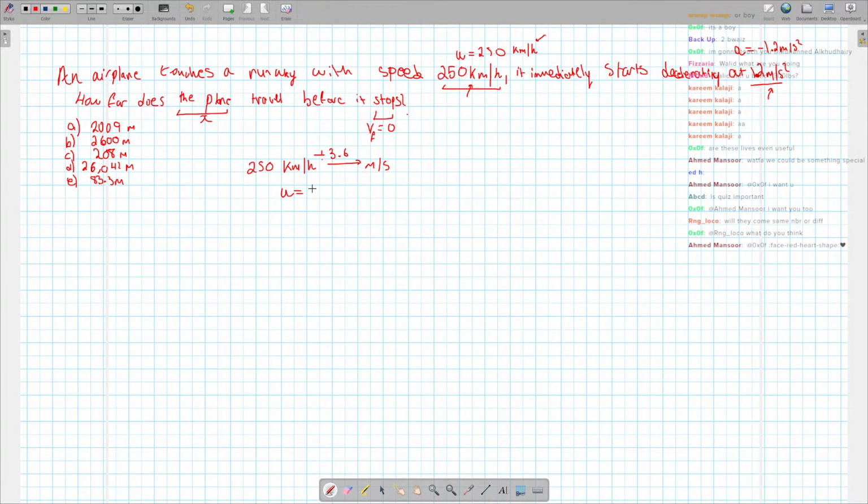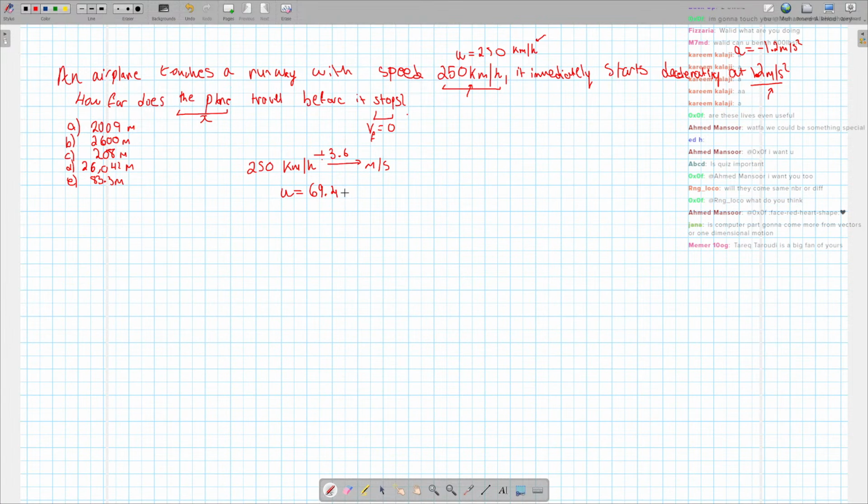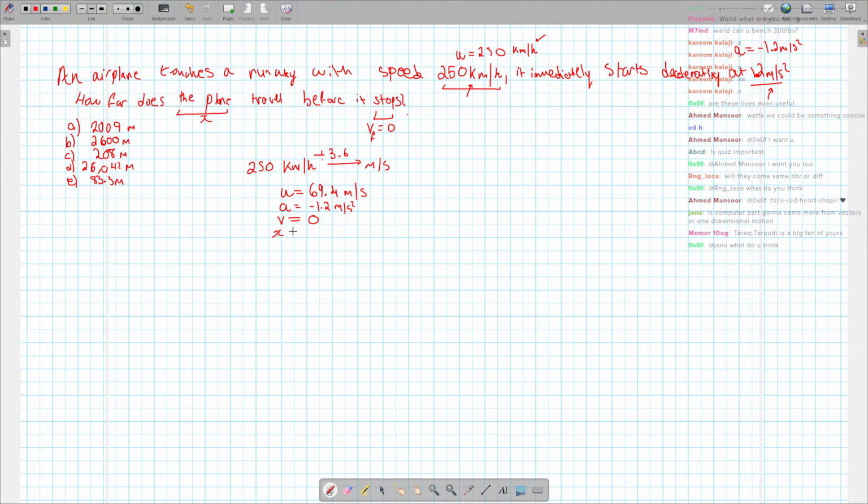So u equals 69.4 meters per second. We know our acceleration is negative 1.2 meters per second squared, v final is 0, and we want to find x. Which formula can you use to find x without the time?